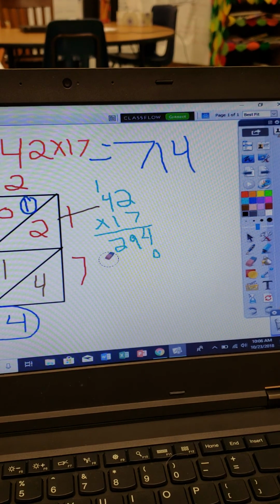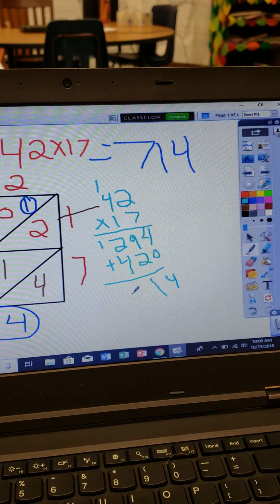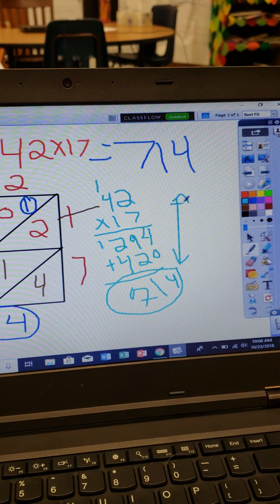And just a second, let me erase that. 1 times 2 is 2. 1 times 4 is 4. And then I can just add. 4. 9 plus 2 is 11. And 4 plus 2 plus 1 is 7. Same as the lattice method.